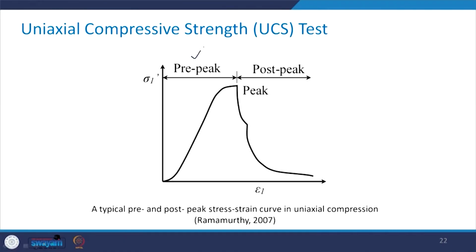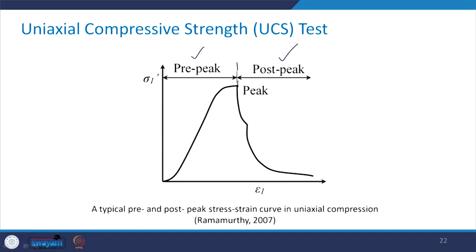Then I mentioned to you about pre-peak and post-peak failure behavior. This is typically showing the pre-peak and the post-peak stress strain curve in uniaxial compression. You can see that in the beginning, till it reaches this peak value, with the increase in stress increment there is an increase in strain.